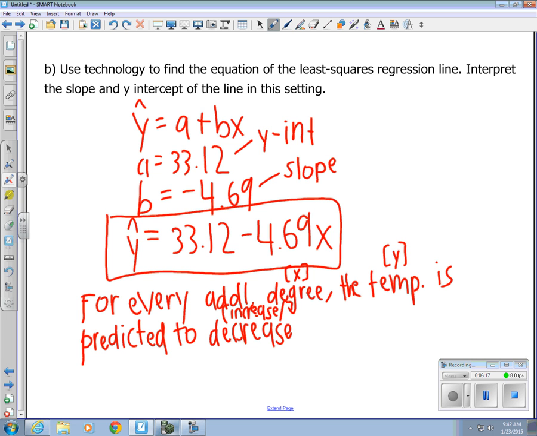In this case, decrease by the b, so 4.69 days, which is the unit of y.